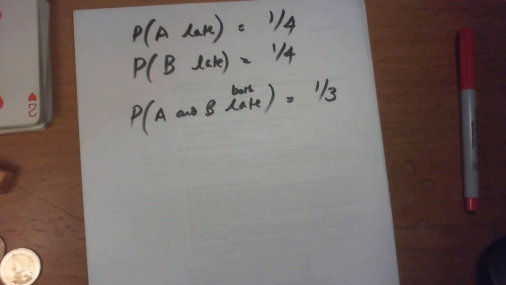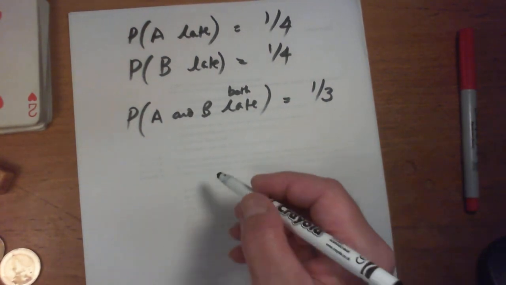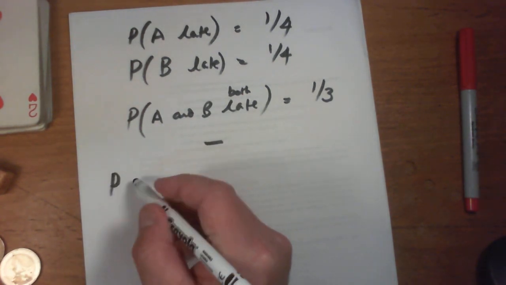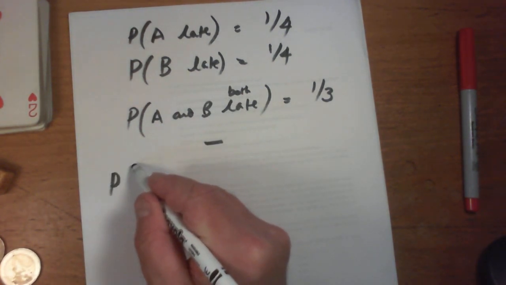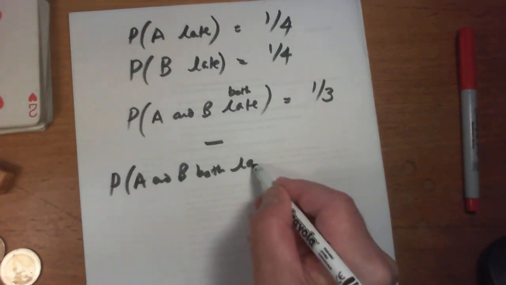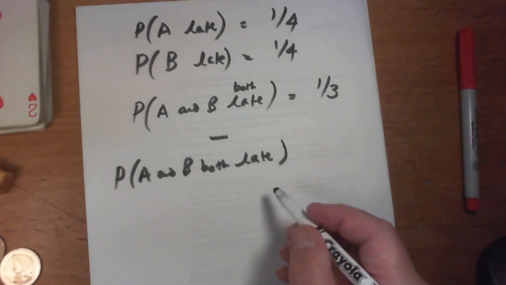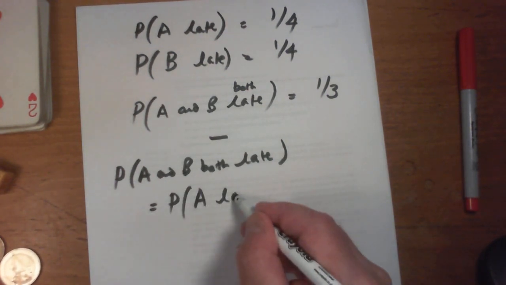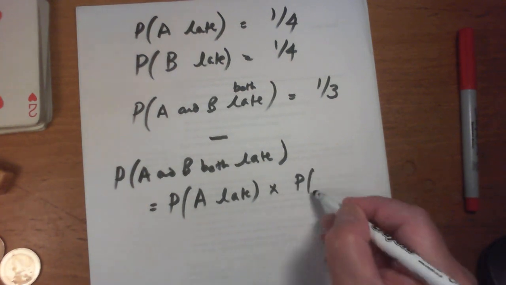Now, this could be a typical GCSE question. You could be asked, is this scenario independent? Well, remember what I've said. For independence, the probability of A and B both late would have to be the probability A late multiplied by the probability of B late.